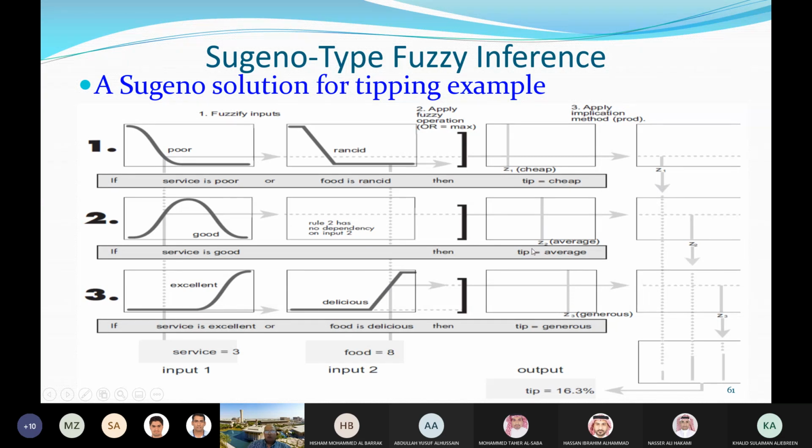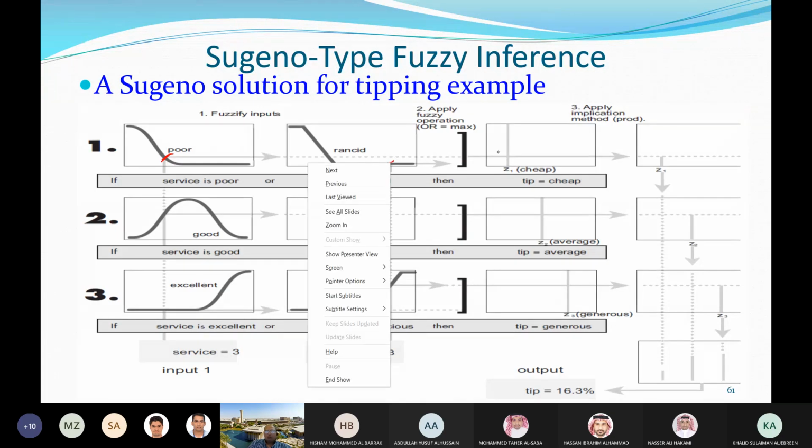The second rule, average means 15% or 20%, fixed. And the third rule, the tip is generous. Generous means 25%, for example, or 30%. So when you calculate this, this is 0.2 and this is 0 here, so the output here is 0.2.